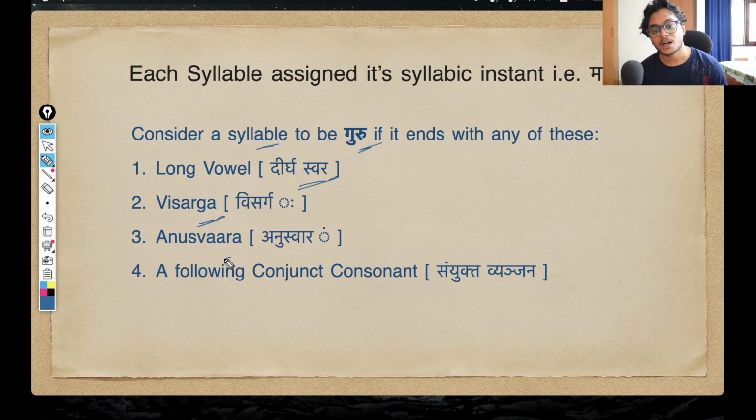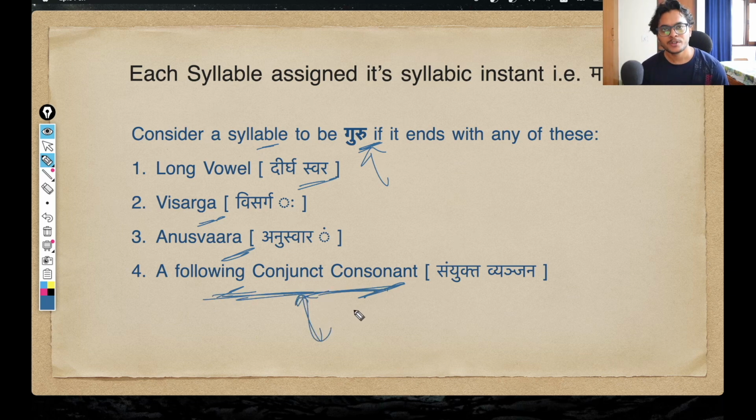If it ends with the anuswara, it is guru. And if it is followed by a conjunct consonant, then also it is guru. That is why, when breaking down the quarter into syllables, I said to attach the following conjunct consonant with that syllable. Because the moment you see a syllable with a conjunct consonant attached, you will immediately identify it as a guru, a long syllable.